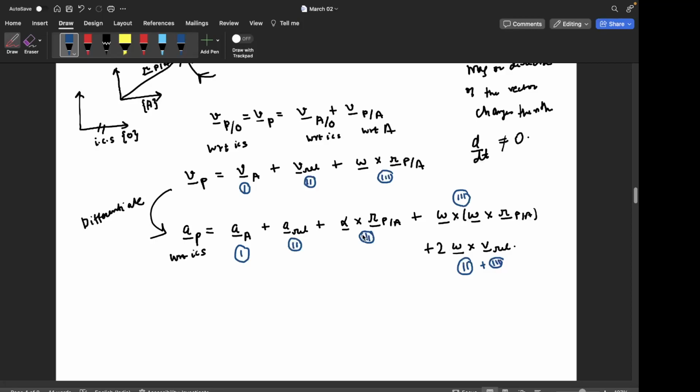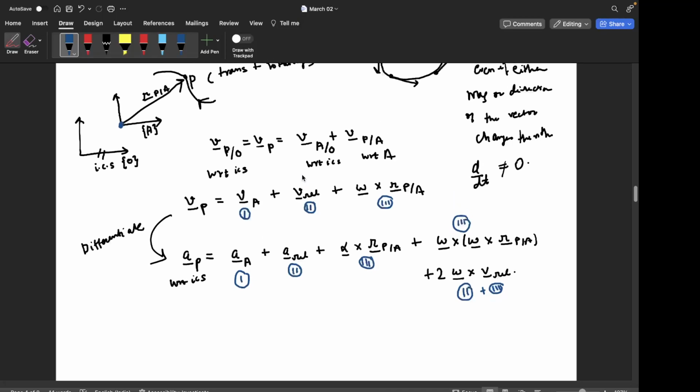Okay. So this one would be straightforward. The velocity of frame A, differentiate it, and you get the acceleration of frame A, right? Second, the relative velocity, that is the velocity of point P in the A frame.